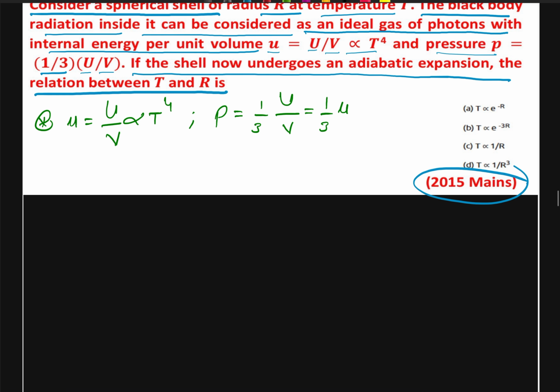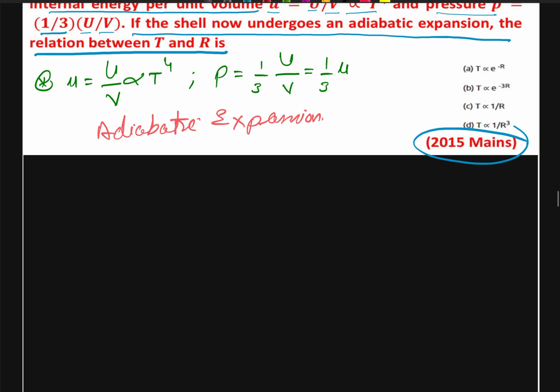And the expansion is said to be adiabatic expansion.